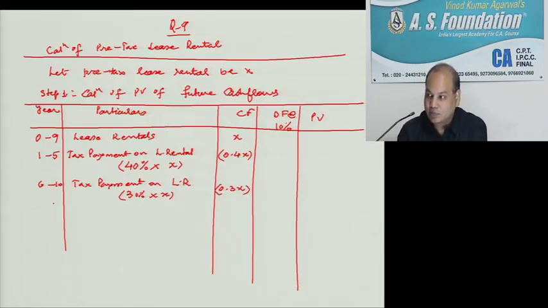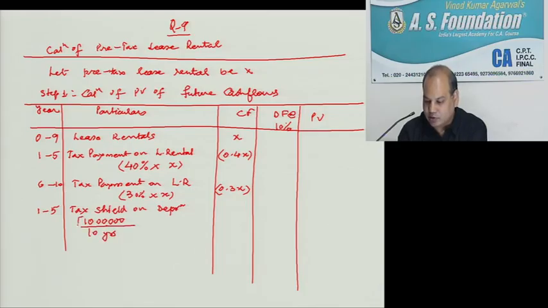Now what is next benefit of being a lessor? Tax shield on depreciation. That also divide into 2 lines. 1 to 5, tax shield on depreciation. What is the cost of the asset? 10 lakh. Life of the asset? 10 years.